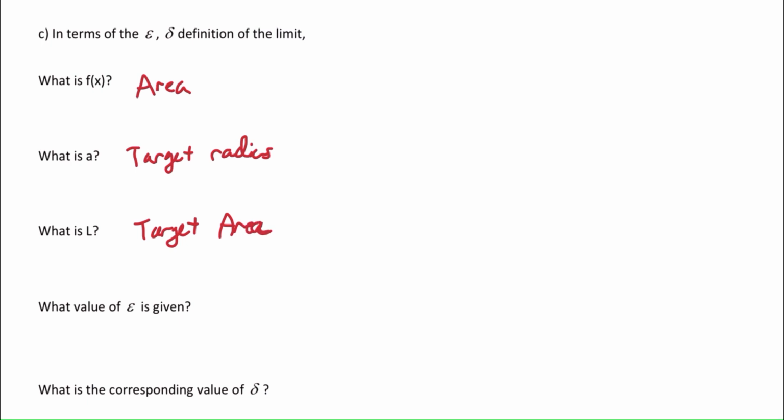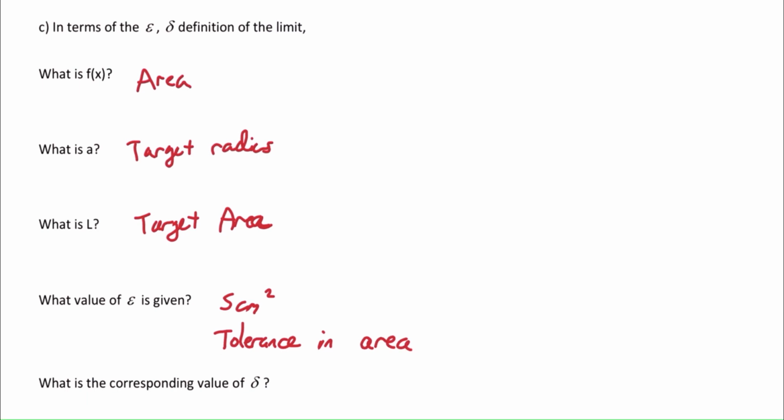And what is epsilon? Epsilon is the tolerance in our area, the 5 square centimeters. And what is the corresponding value of delta? That was the tolerance in the radius.